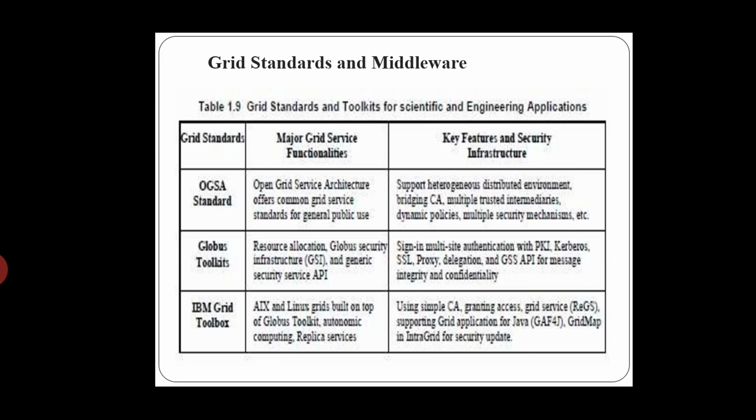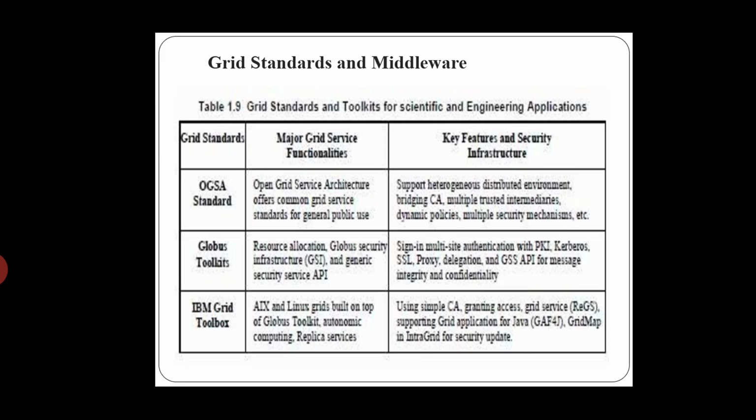The next grid standard we have is the Globus Toolkit. The Globus Toolkit is an open source middleware. It is widely used as the platform for resource allocation, global security infrastructure and the generic security service application programming interface. This is the major grid service functionality.